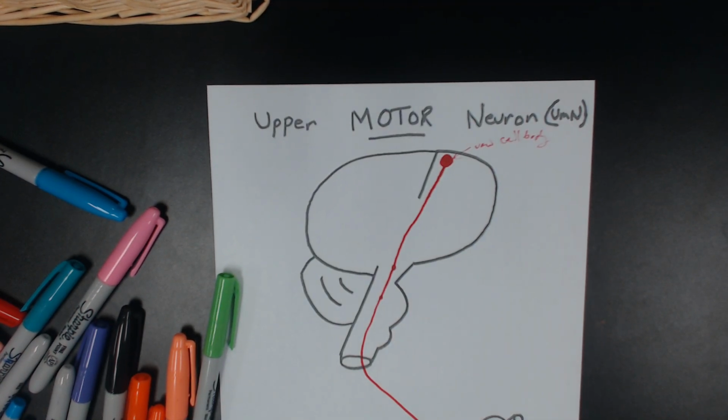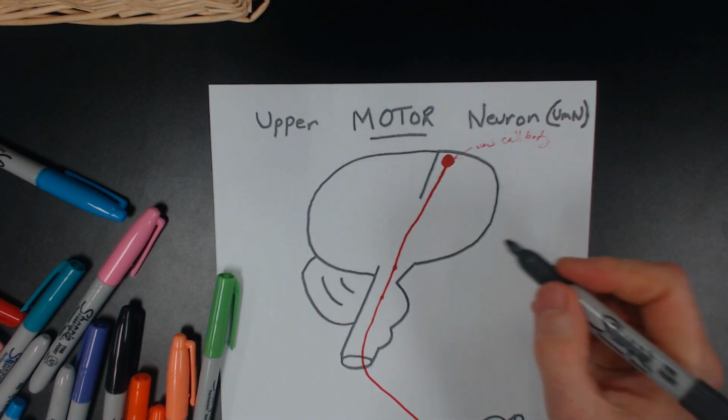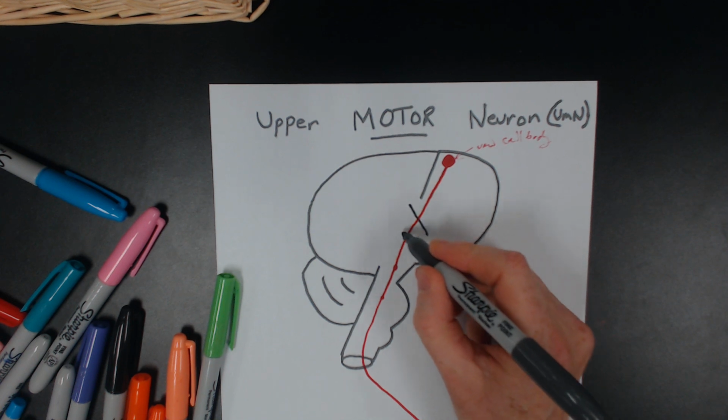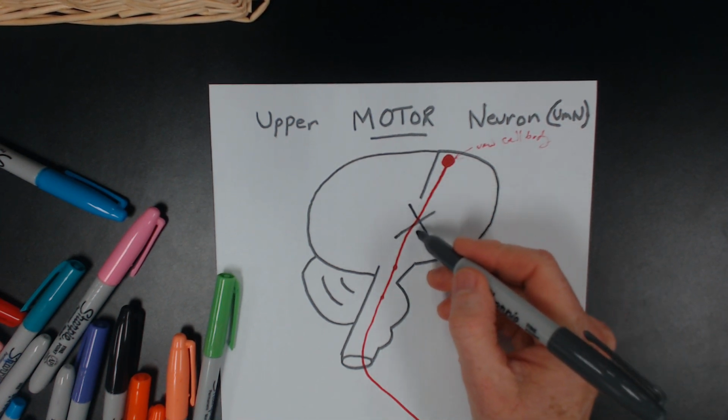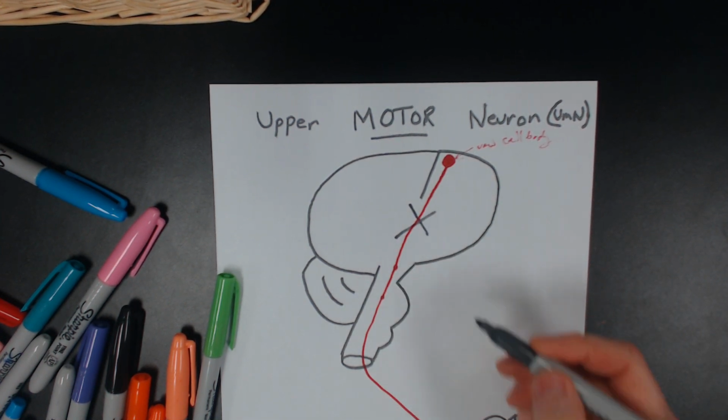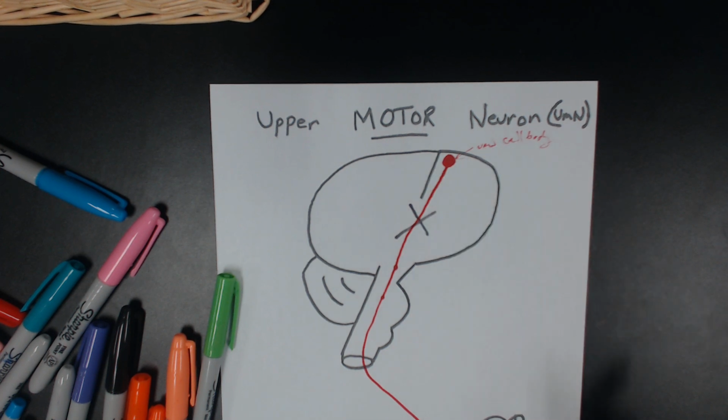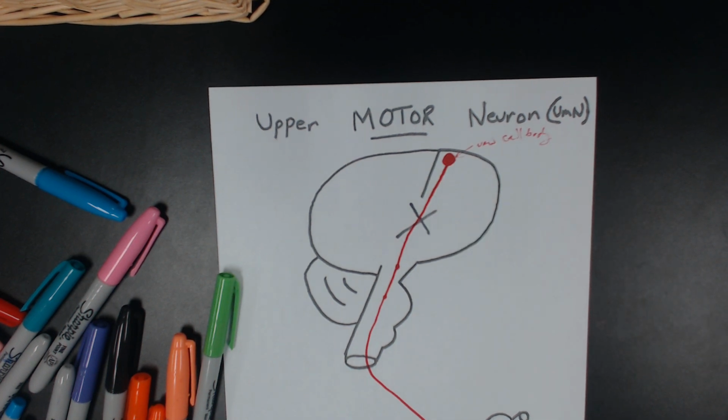What you need to know here is going to be really important next year; we're going to spend half a semester on the difference between an upper motor neuron and a lower motor neuron injury. If there's an injury anywhere along the path of this upper motor neuron axon, or to the upper motor neuron cell body, that is called an upper motor neuron injury.